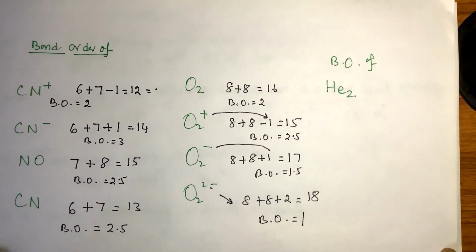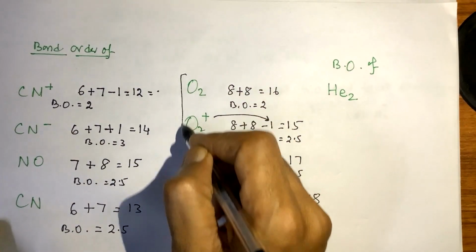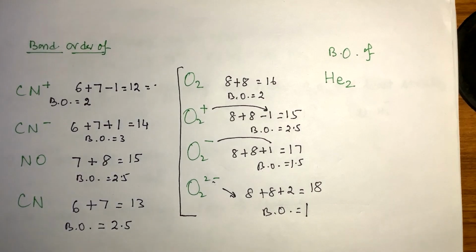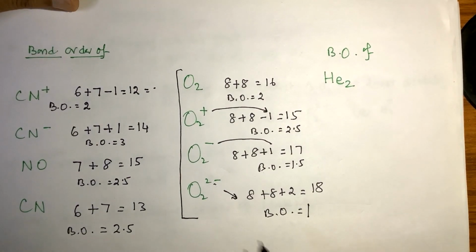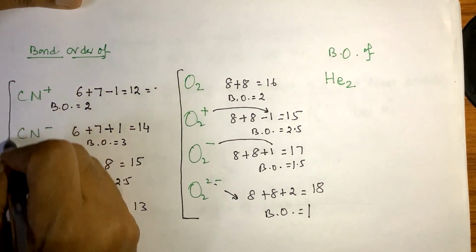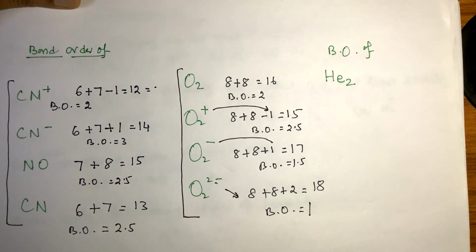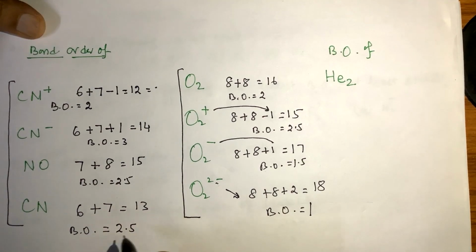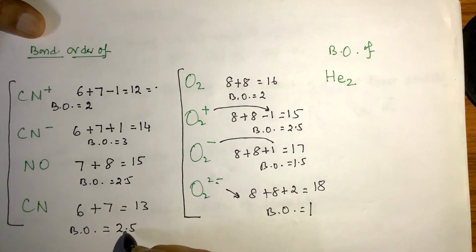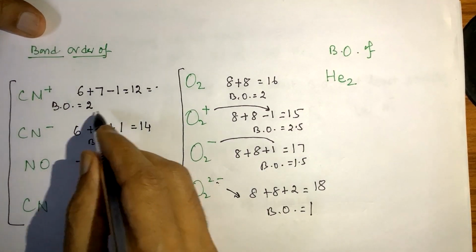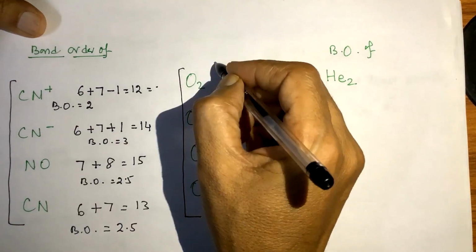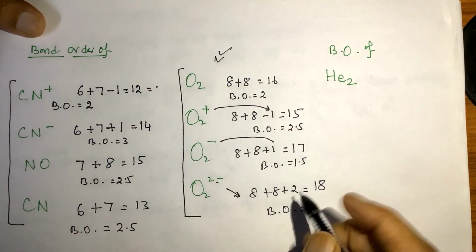Now if we arrange them in increasing order of the bond order, then bond order minimum is 1, and let us arrange this in increasing order.